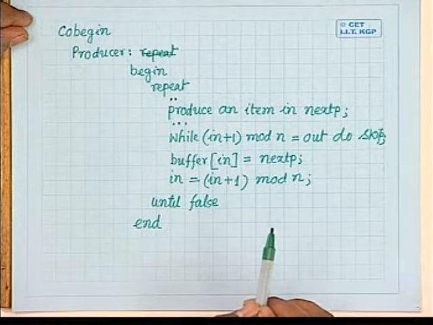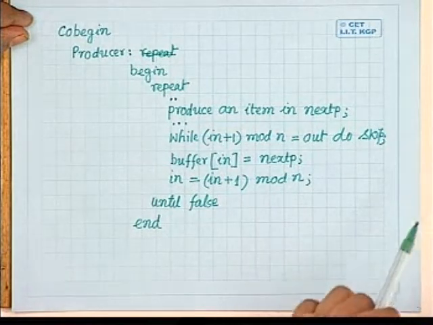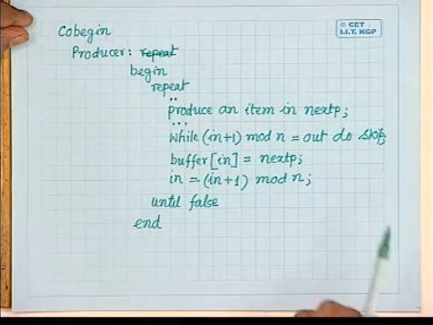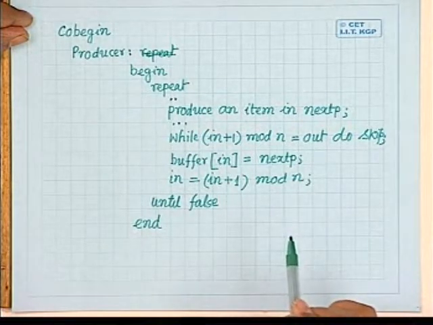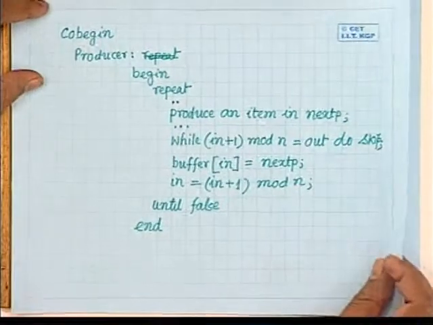We are not incrementing the value of in the while loop, then how can it break? If the consumer process consumes an item, in that case the value of out will be changed. So that is the code for the producer process.